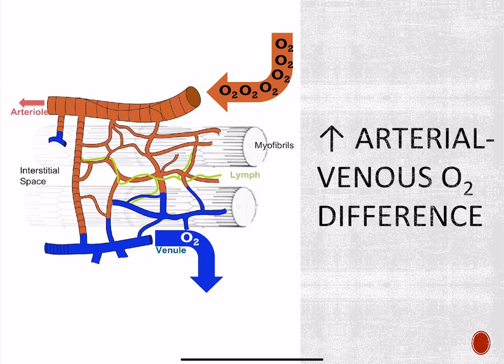In this diagram, the orange here is the artery. The artery obviously has more oxygen because it's fully oxygenated blood that went to the lungs and now is being pumped out into the periphery from the left side of the heart.